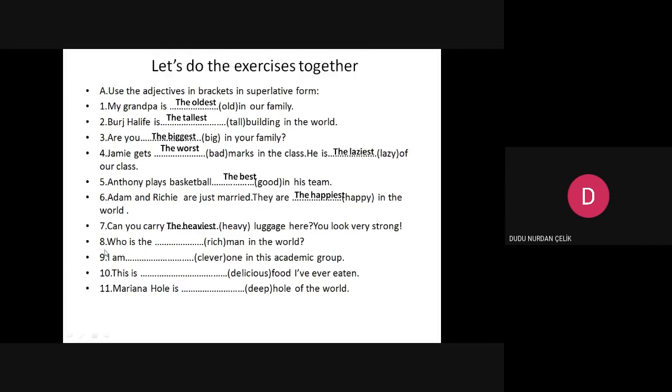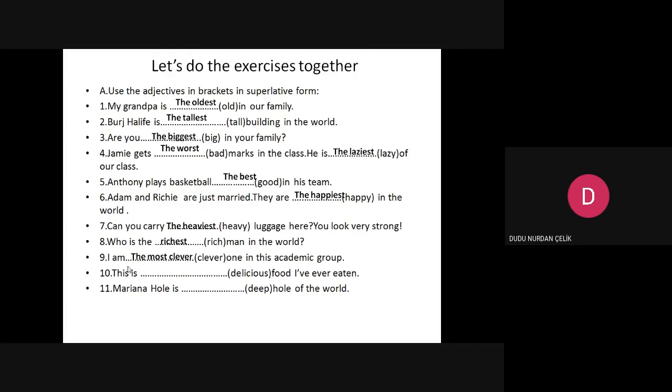Look at number eight. Who is the rich man in the world? Rich. What is the superlative form of rich? It's richest. Okay, look at this one. Clever. I am clever one in the academic group. We say, I'm the most clever one in the academic group.